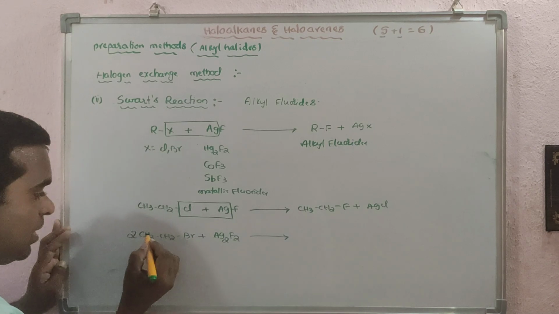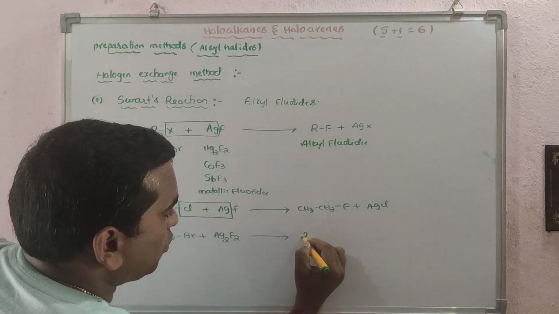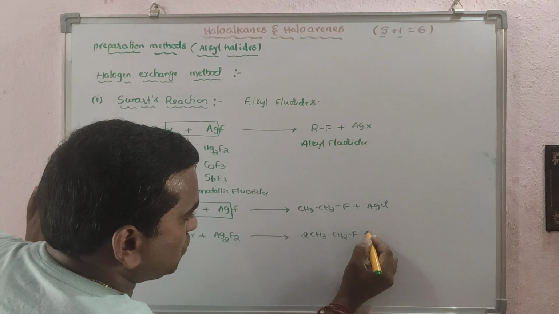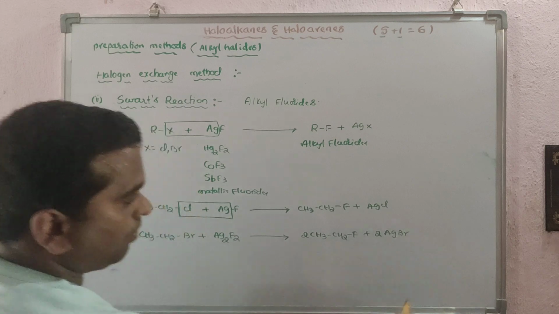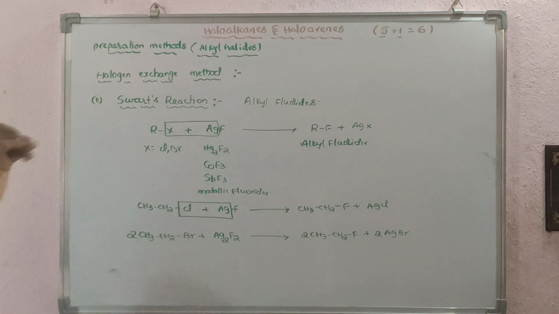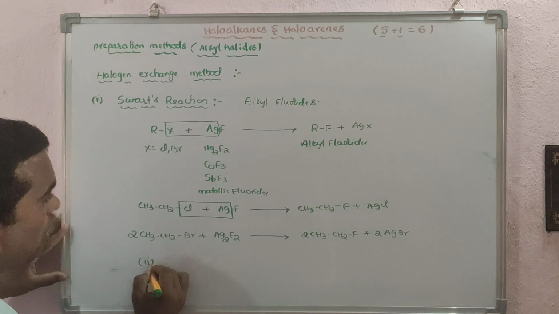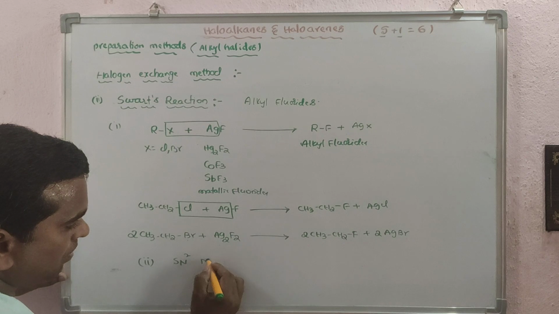So that's why multiply this one with 2. Then you remove HgBr, then you will get 2 moles of CH3CH2F plus 2 moles of HgBr. So this reaction we will call the Schwarz reaction, and this reaction also follows the SN2 mechanism.